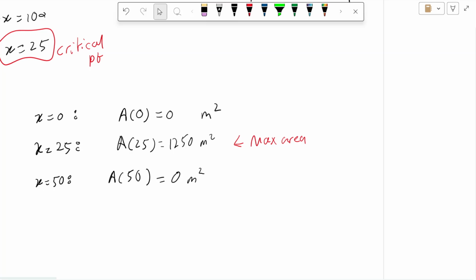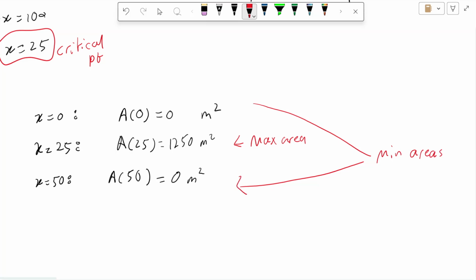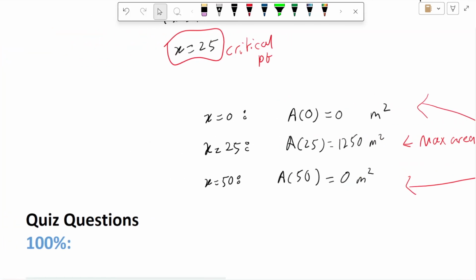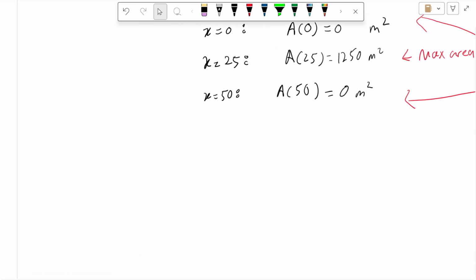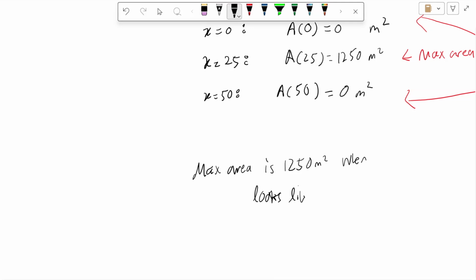And if we wanted the minimum areas, not that this question was asking for it, there are 2 ways to get the minimum area. It's those situations. So you could give like a sentence answer, something like this. Max area is 1,250 meters squared when it looks like, so x was 25.